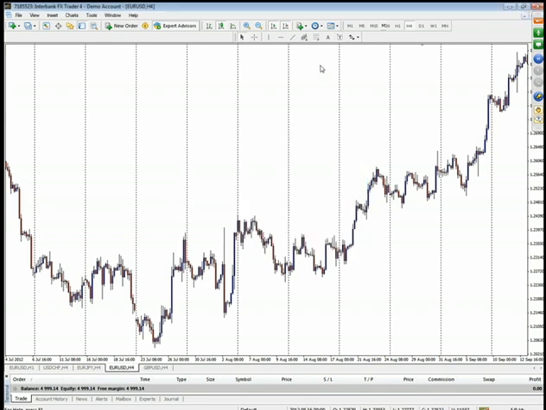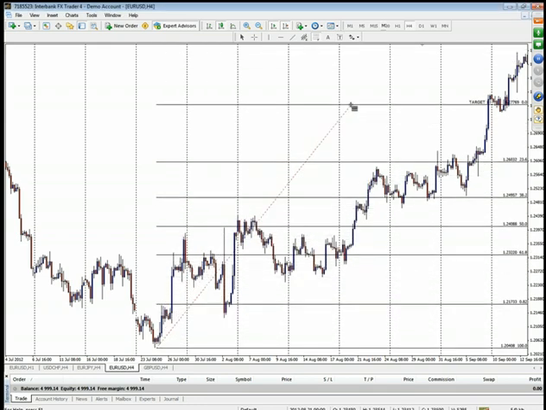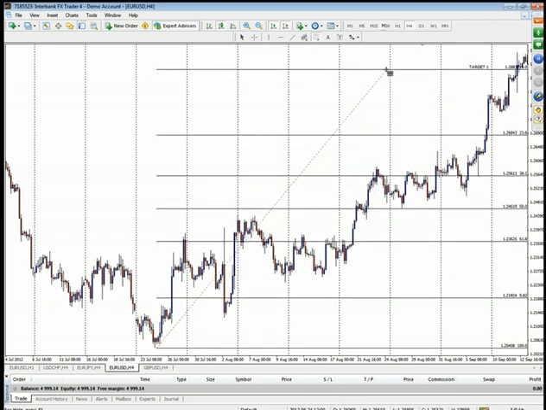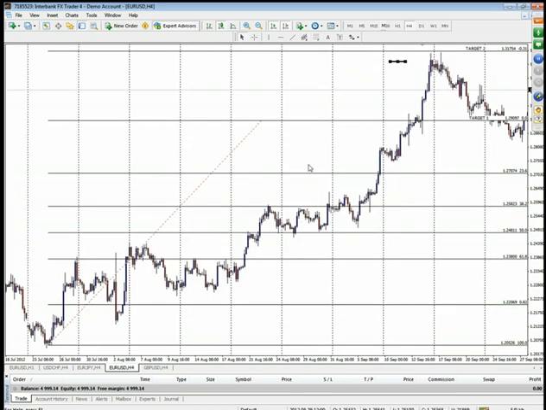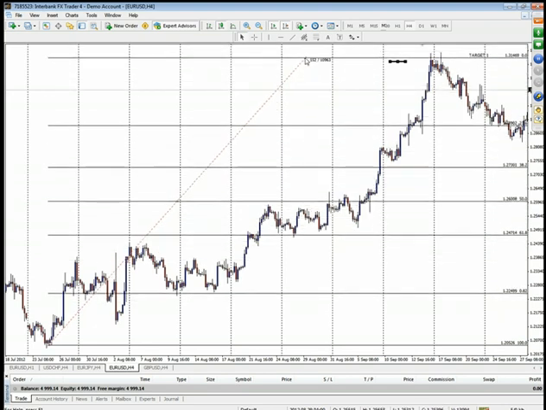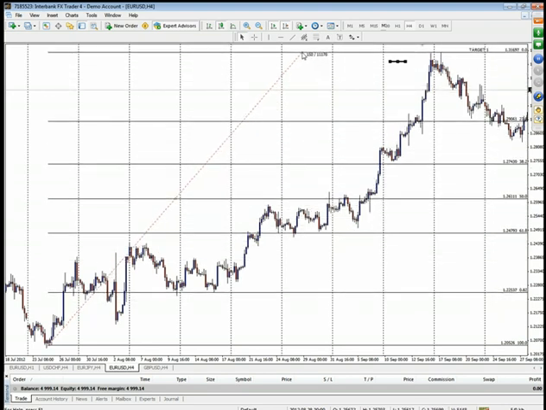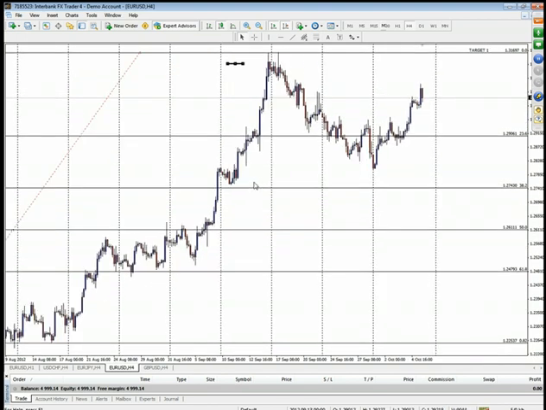Oh, I clicked on the wrong thing. There we go. Okay. And then let me click on this here. Okay, and they would draw it to the top like this. Okay, and then they'd wait for pullbacks, okay, to certain levels to get long and so forth.